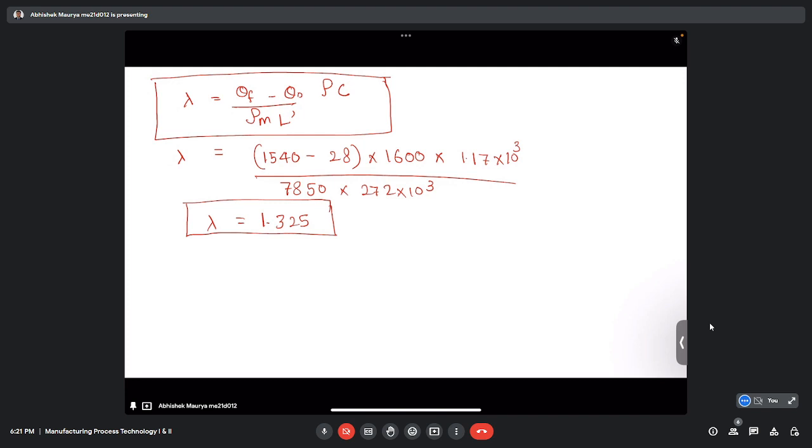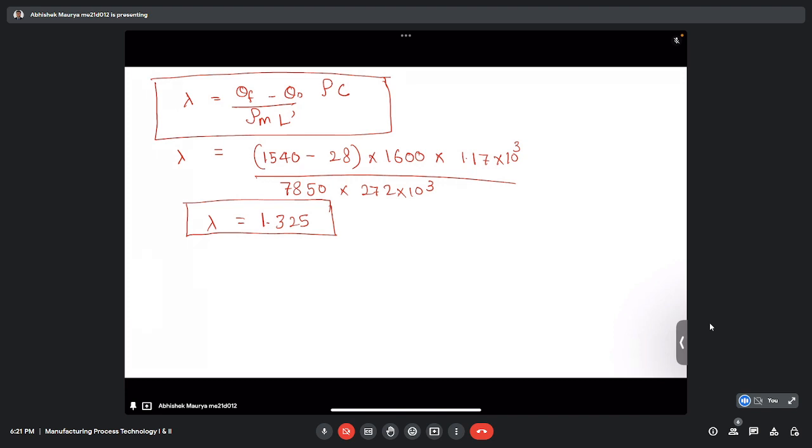Now, in order to find out solidification time, what was the formula? If you remember, if you revise your lecture, you will find that sir has taught that there is a relationship after the derivation.